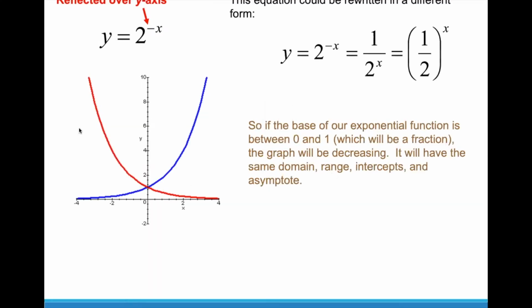Basically, they have the same properties, but if your base is between 0 and 1, like 1/2, it will be decreasing. If it is greater than 1, it's increasing. So it will have the same domain, range, intercepts and asymptotes. The only difference is, again, it's decreasing.